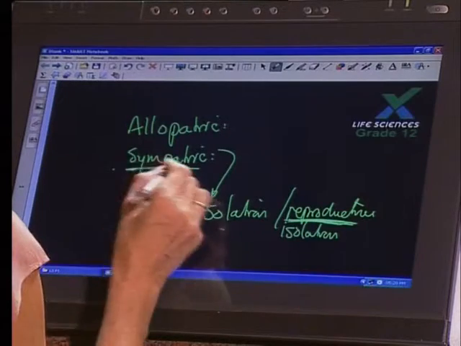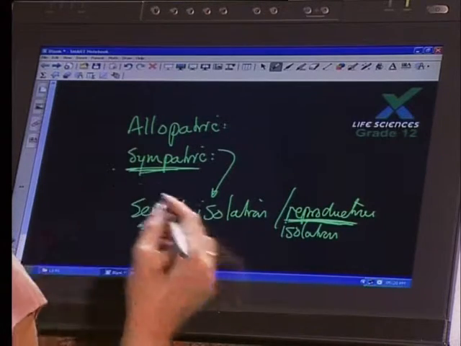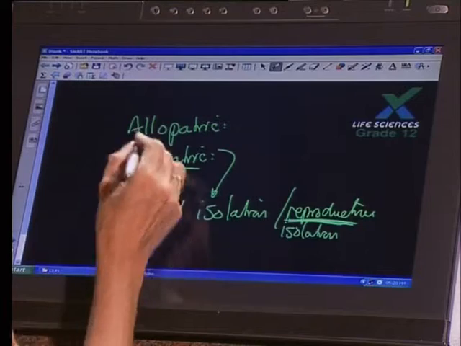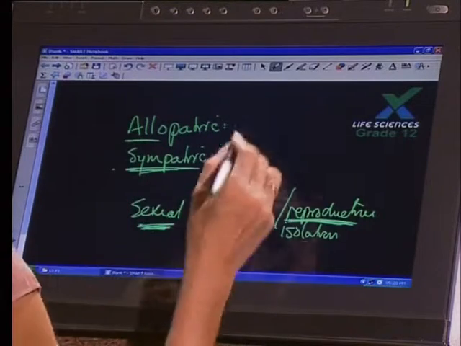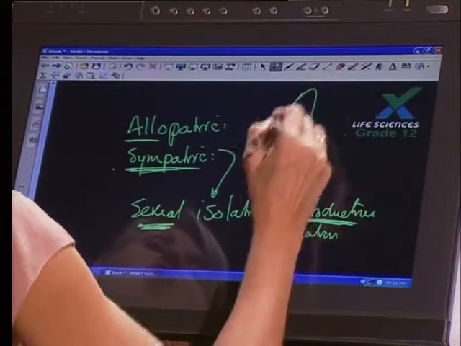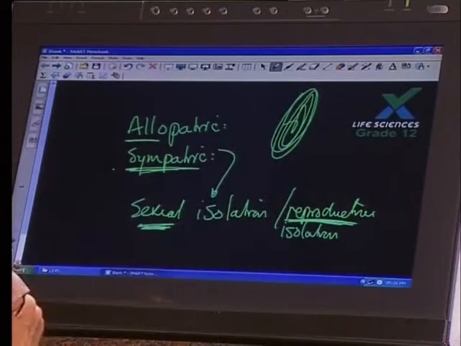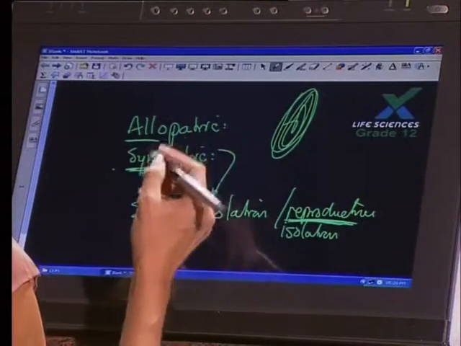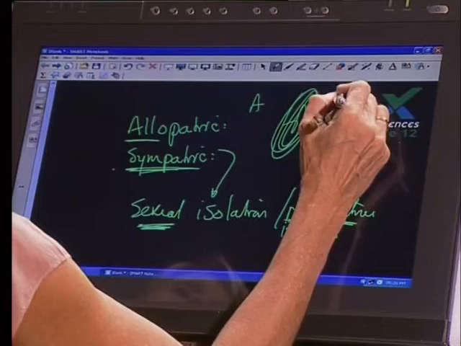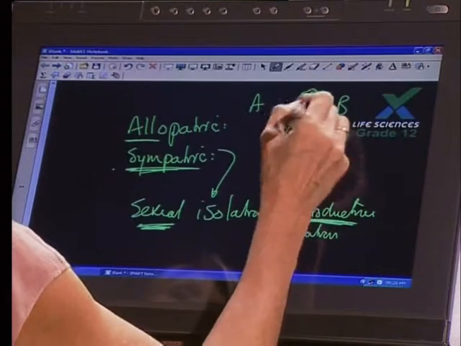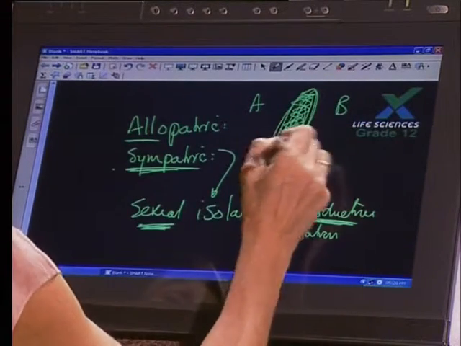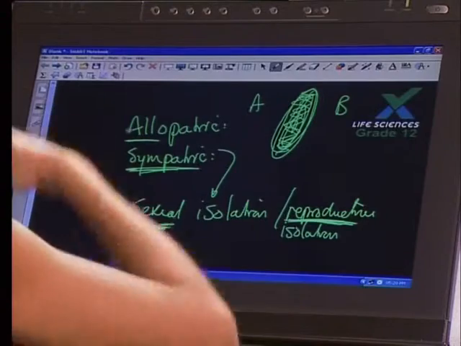It doesn't matter what causes it. At the end of the day, it is the reproductive isolation, whereas with allopatric, there is one big, major obstacle in the way of the species. So we have a species A and a species B, and there is either a huge wall of water, the sea, or a big mountain range, or the Grand Canyon down the middle.